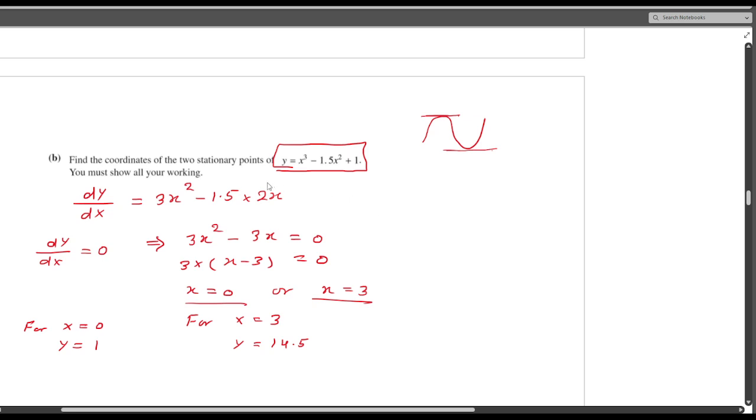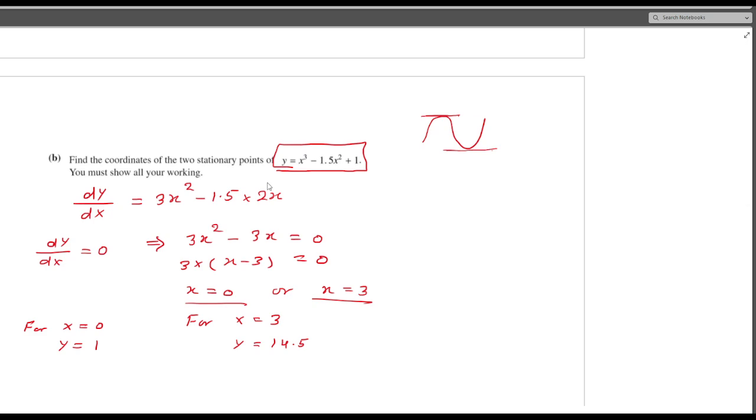3 comma 14.5, let me check once again. 3 cube minus 1.5 into 3 square. 14.5 only, right?